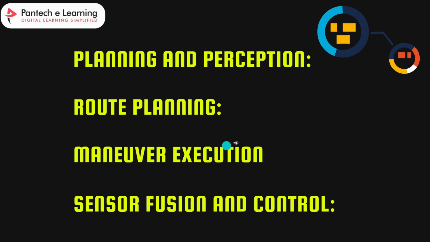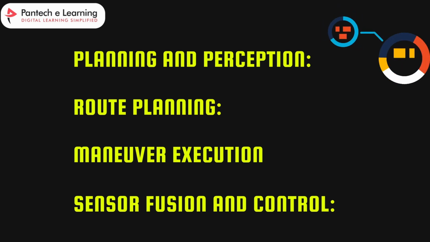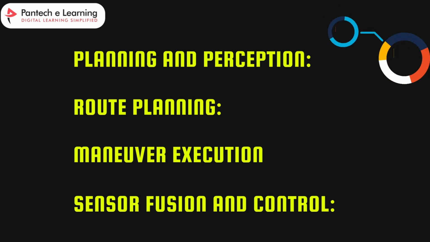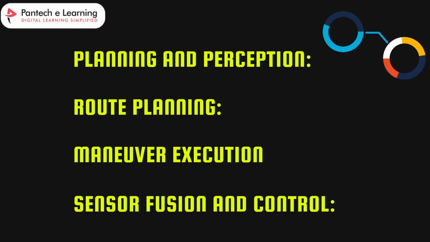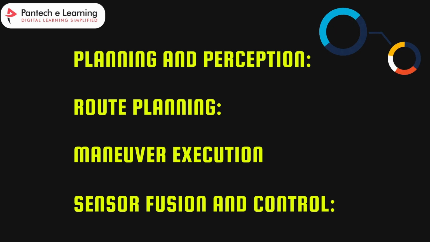Next is maneuver execution. The autonomous vehicle executes the 3 segments of the turn autonomously, following a predefined algorithm. For the first segment, the vehicle navigates forward and turns toward the opposite side of the road, ensuring it positions itself appropriately for the reverse maneuver.